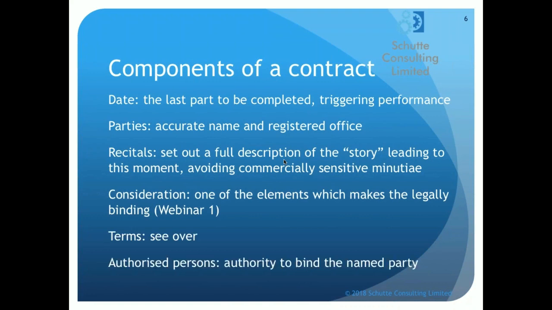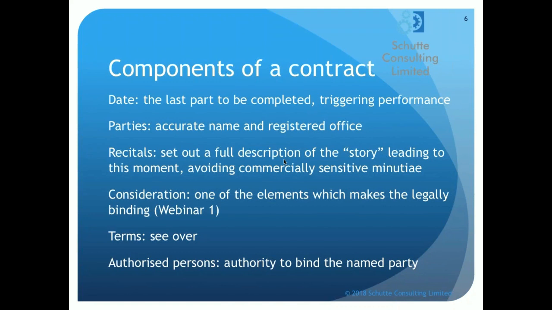Terms we're going to look at, and then authorized persons. Again, do your due diligence in this area to make sure that whoever is signing or executing that contract does in fact have authority on behalf of the named party to bind that party into contract. It's something which is very easy to overlook or not to check.